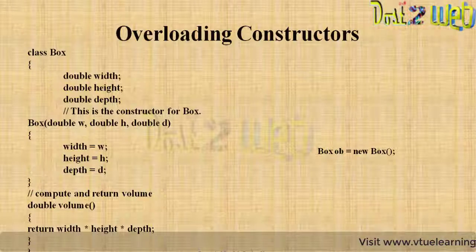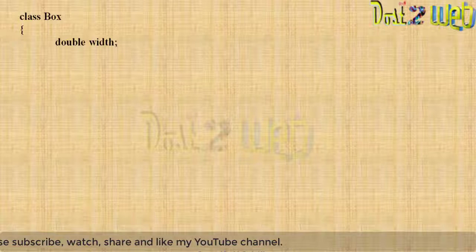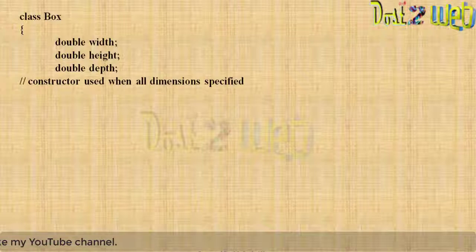So what are we supposed to do? You follow the same example, the same program, and the only changes will be while creating the object. Let's see that. We create the Box class and declare the variables width, height and depth as double. Then we call the constructor, double w, and width is equal to the same reference.